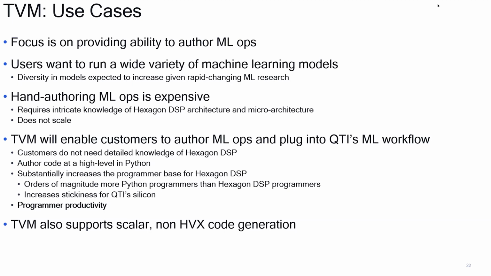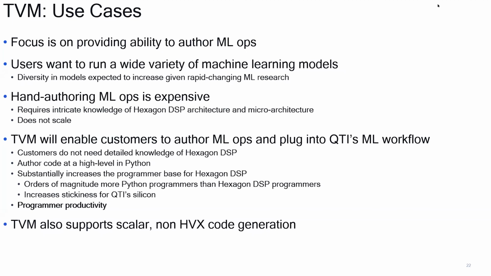This will substantially increase the programmer base because they need to code in Python. They need not be worried about the underlying architecture. Python programmers are available in much greater numbers than Hexagon DSP or any specific DSP programmers. So this helps programmer productivity.